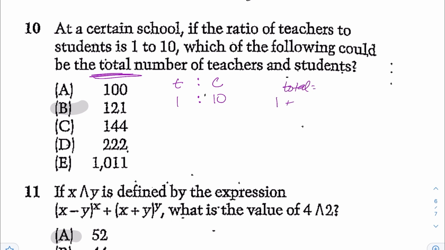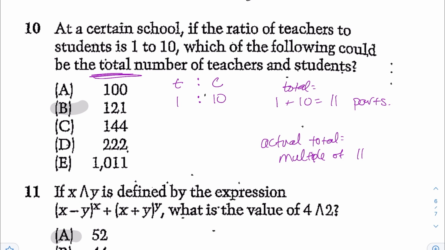So it's going to be 1 plus 10, or 11 parts. That means that the actual total has to be some multiple of this 11. Because there are 11 parts, and you can't have half of a person, you know that the actual number of people in this entire school has to be a multiple of 11.